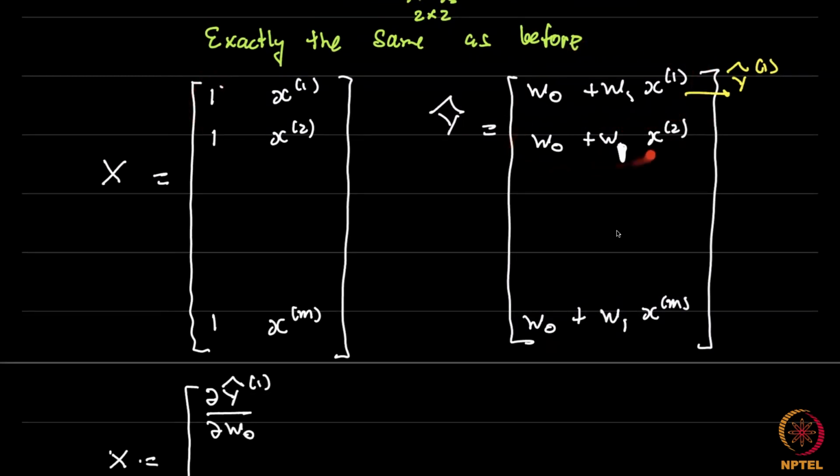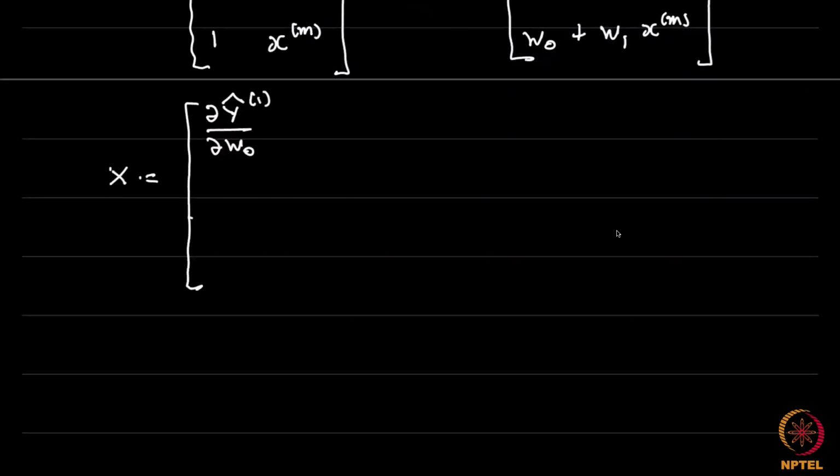Of course, if I differentiate y hat 2 with respect to w naught, I get 1 too. So I am going to write it this way. The first term is del y hat 1 del w naught. The second term is del y hat 2 del w naught. And the last term is del y hat m del w naught.